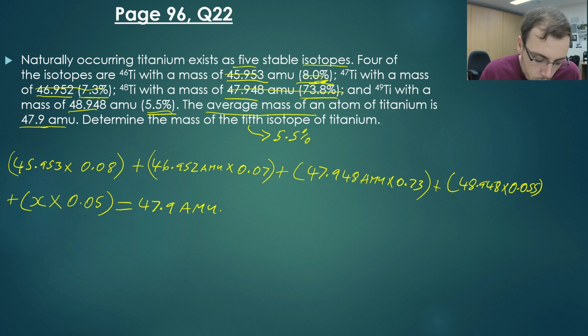So we're going to do 45.953 times 0.08, and we're going to solve it for all of these.